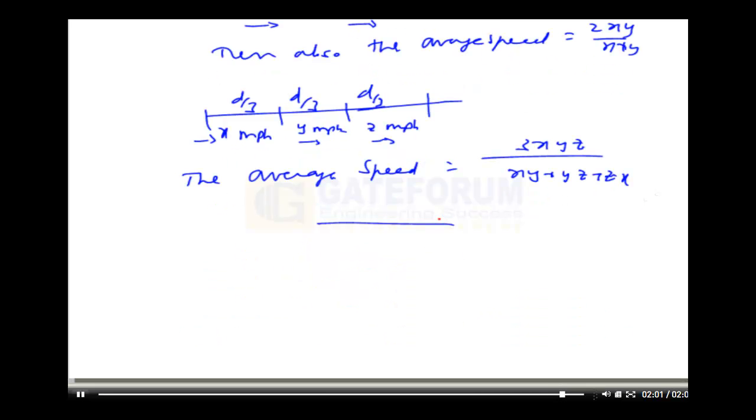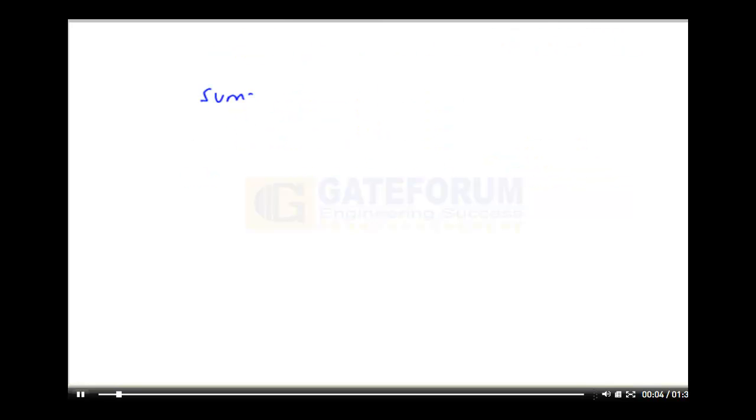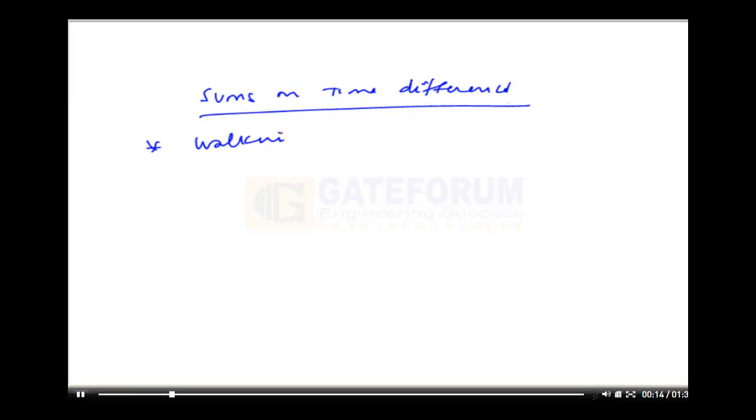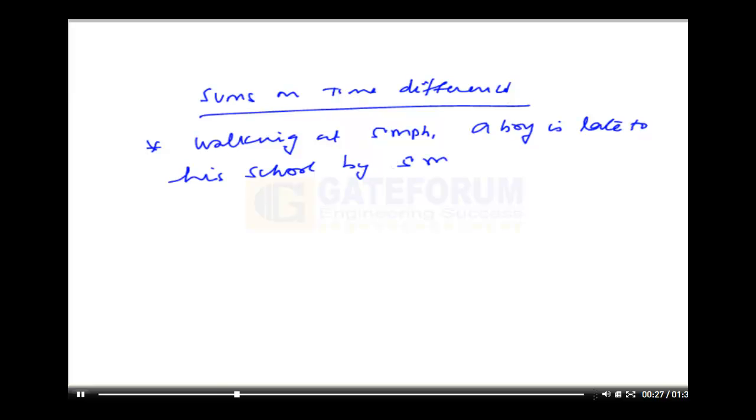That's about average speed. Let's look into the other factor, sums on time difference. Walking at 5 miles per hour, a boy is late to his school by 5 minutes.